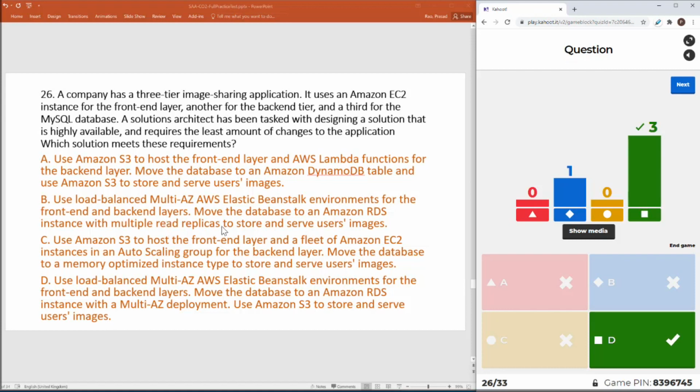In option B, multiple tables to store and serve user images, there is no mention in the question of how the images are being served right now. It does not say whether it is a MySQL database or some file server. There's no mention. But what is mentioned is that we need high availability, and for that, multi-AZ is the right option and not read replicas. So option D is the right answer.